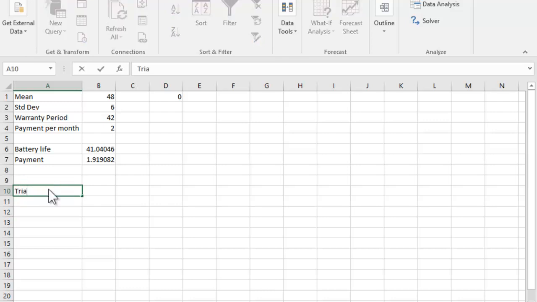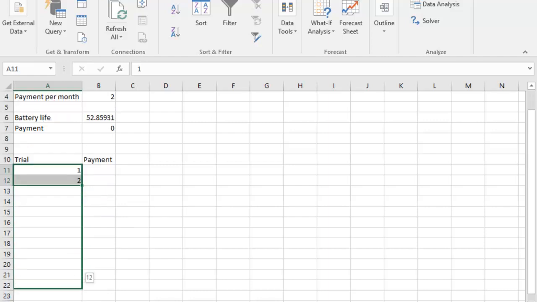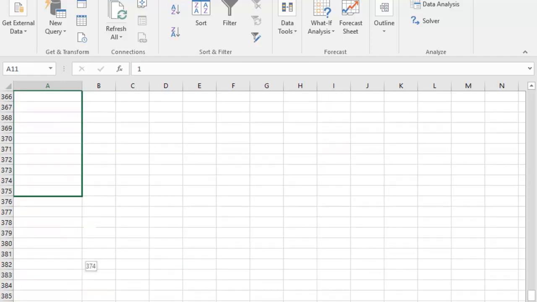Now, we are planning to sell 1,000 batteries here. So 1,000 trials of this. I'll number the trials so I can keep track of how many I have. And I want 1,000 of them again.